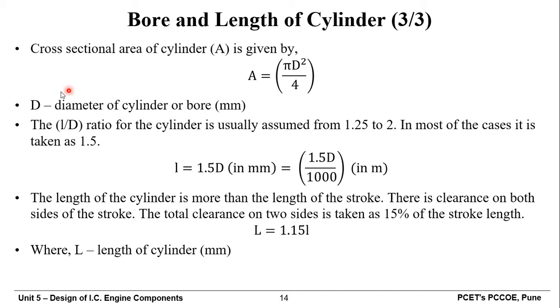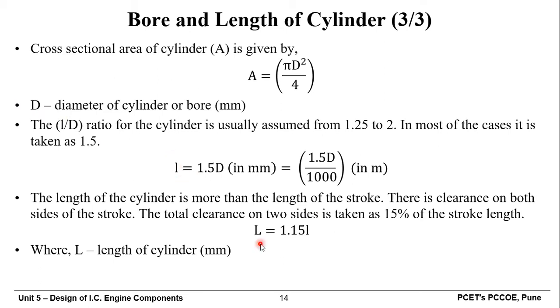And once you get the diameter of the cylinder, then generally the stroke length, that is small l, and total length, that is capital L, are generally expressed in terms of diameter of the cylinder and stroke length of the cylinder respectively. So by using the value of diameter of the cylinder, just multiply it with 1.5 and you will get stroke length.